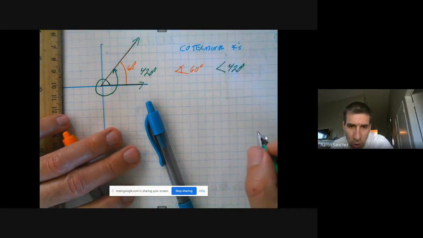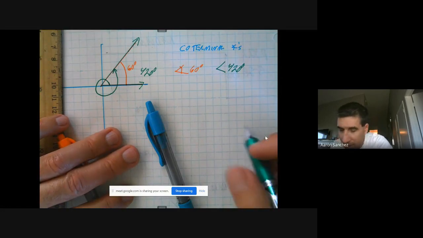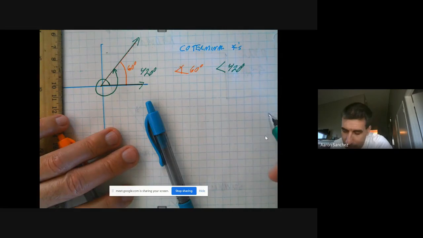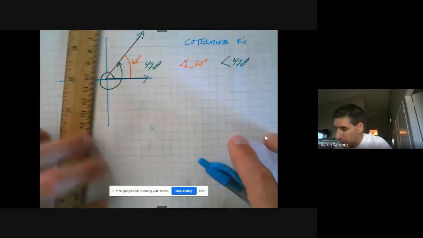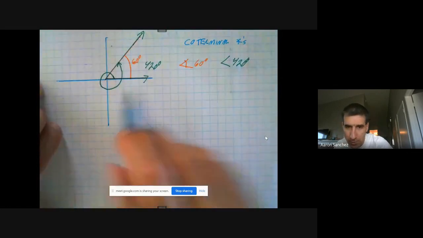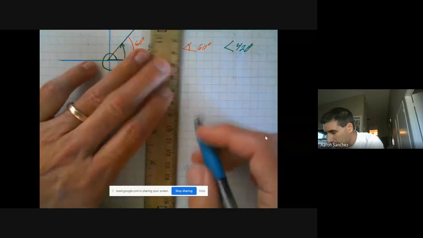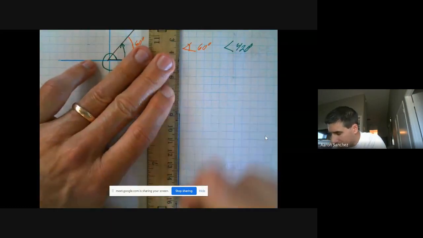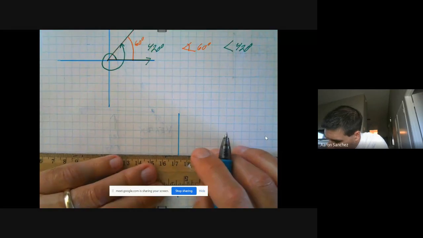Those are coterminal angles. And how can you find coterminal angles? Well, you just add or subtract 360. Actually, hold that thought with the coterminal angles. I want to show you one more thing. We're going to go back to coterminal angles in a second.